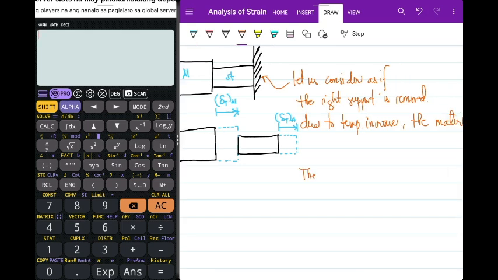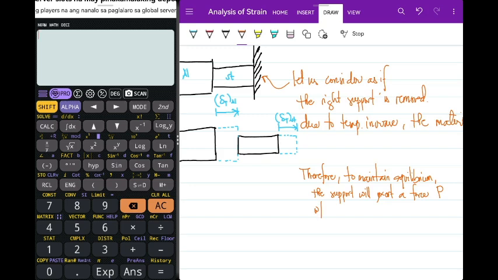So what we are illustrating here is that, let's say we consider that the right support is removed, the aluminum will expand by a certain amount. As to how much is the expansion, we do not really know. And of course, as our aluminum moves to the right, steel also moves to the right by a certain amount.